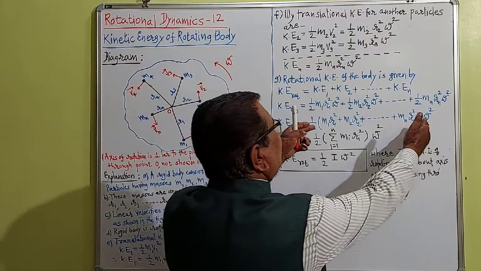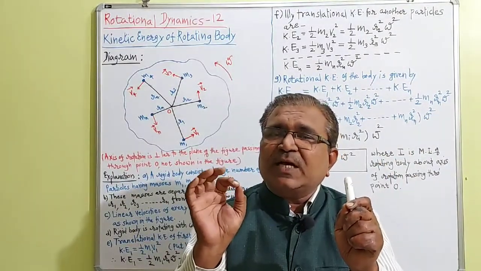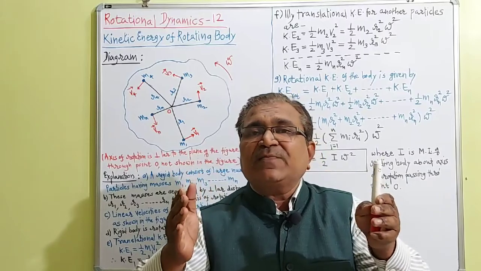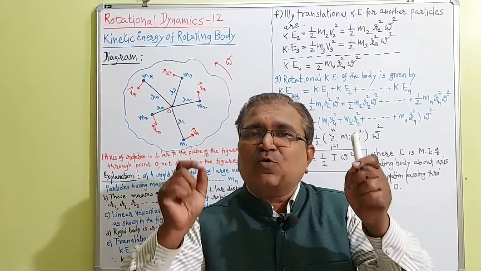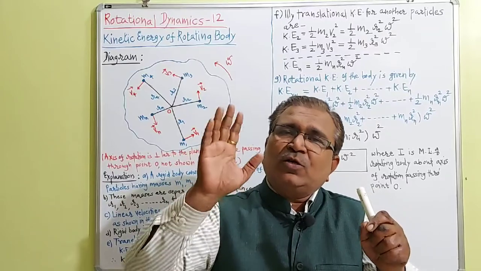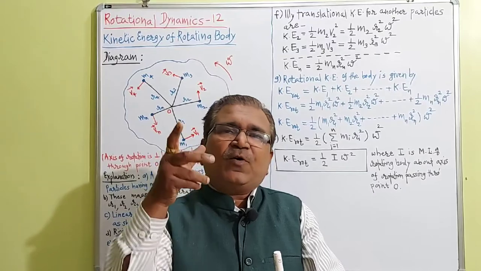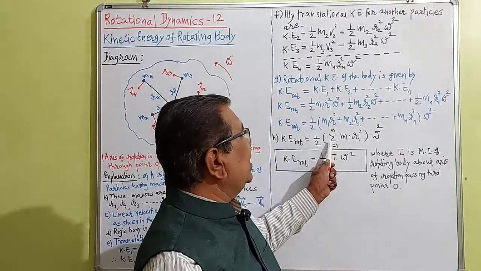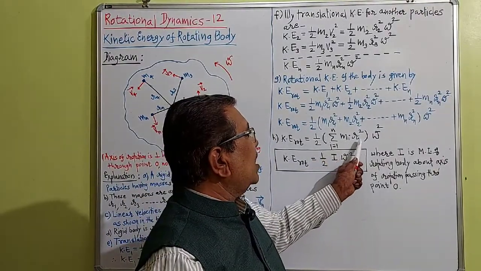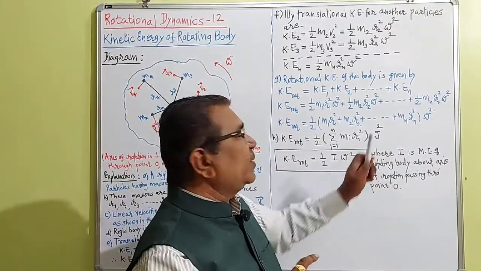So what does this term indicate? m1 r1 square plus m2 r2 square plus dot dot dot plus mn rn square is the definition of the moment of inertia of the rotating body about the axis of rotation passing through point O, not shown in the figure. In short, in abstract form we can write summation mi ri square, where i goes from 1 to n, times omega square.